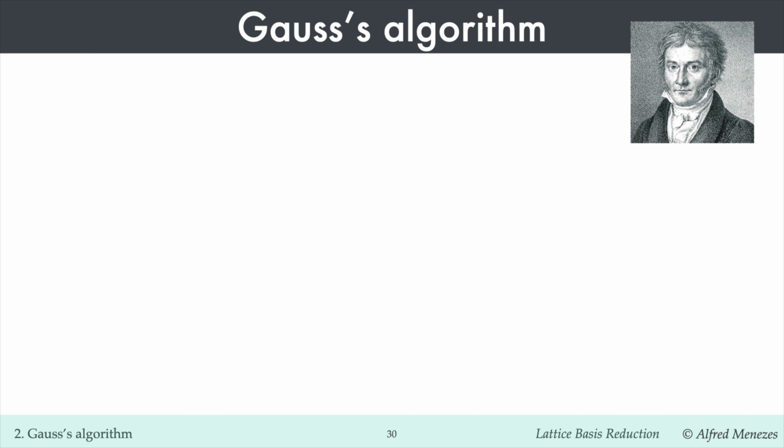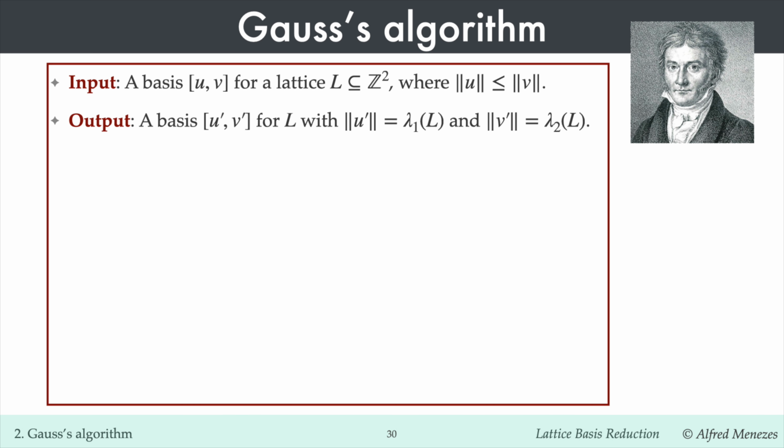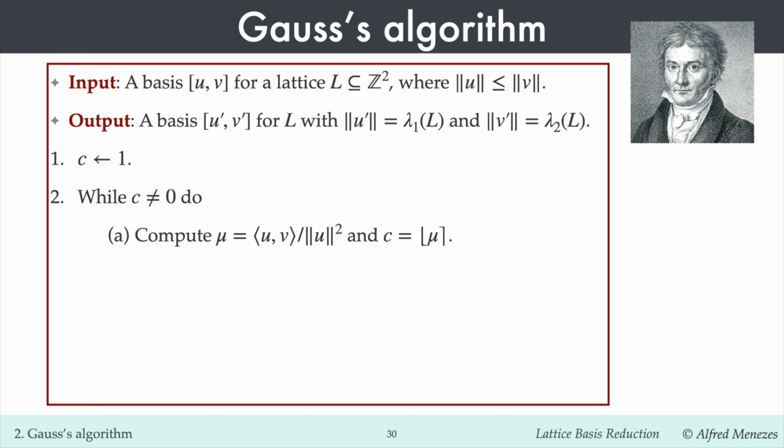Gauss's algorithm works as follows. The input is a basis u, v for a two-dimensional integer lattice L. The algorithm outputs a new basis u', v' for L, where u' is the shortest non-zero lattice vector, and the second basis vector v' has length lambda 2 of L, the second successive minimum. The algorithm repeatedly computes the real number mu, rounds mu to its nearest integer c, and replaces v with v minus cu.